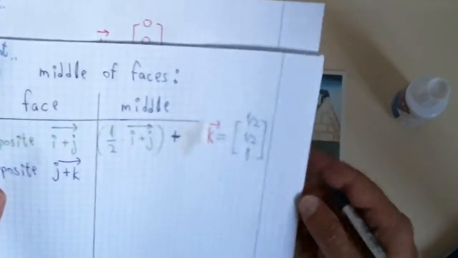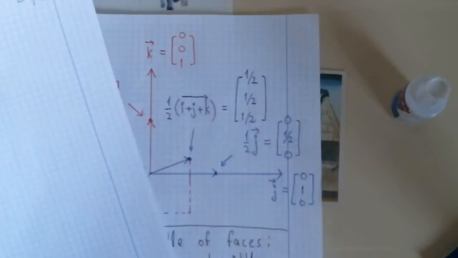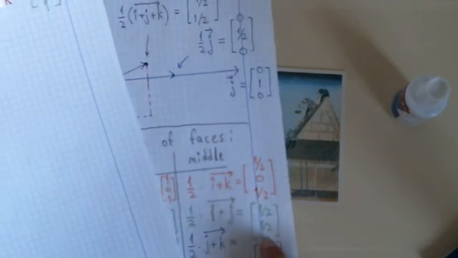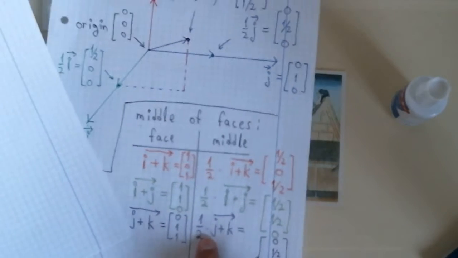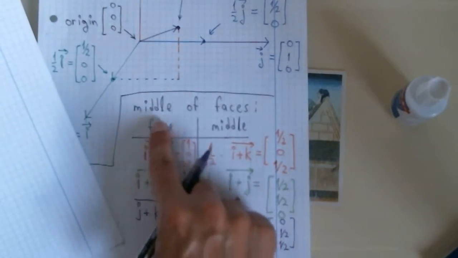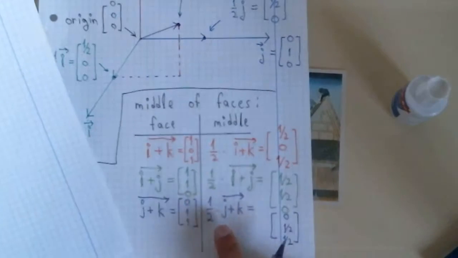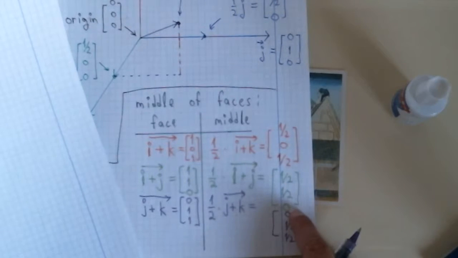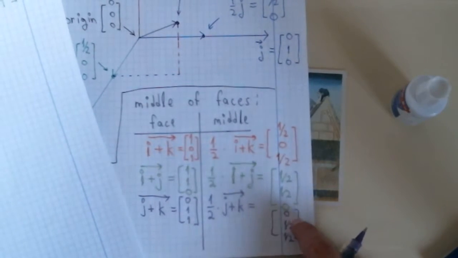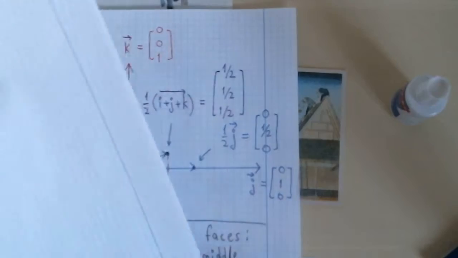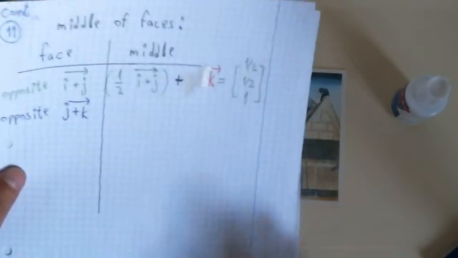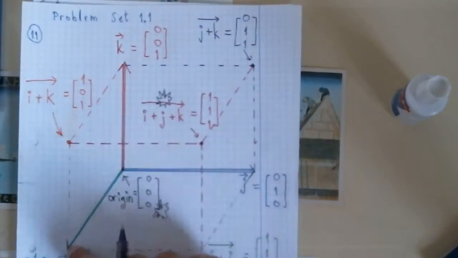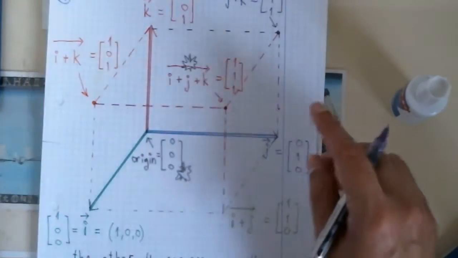The center of the face j plus k, the face that is far away from us, was 0, half, and half. And now we want to go towards us, so we add the whole i. We add the green vector.